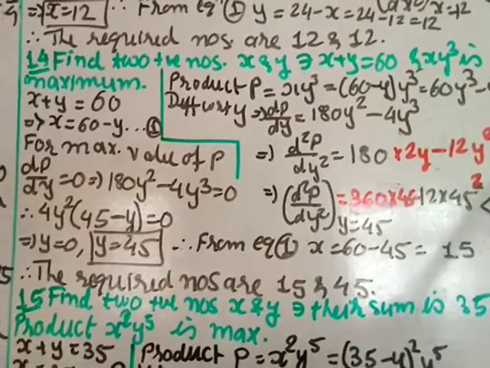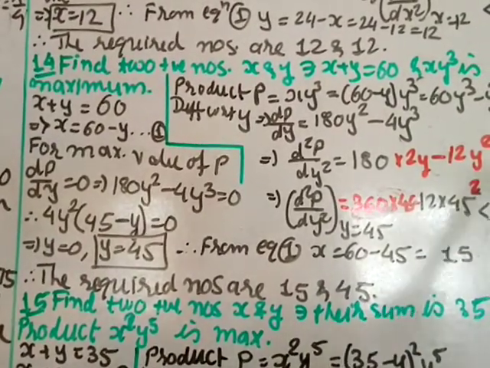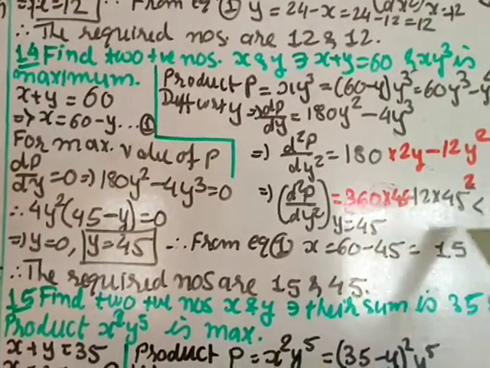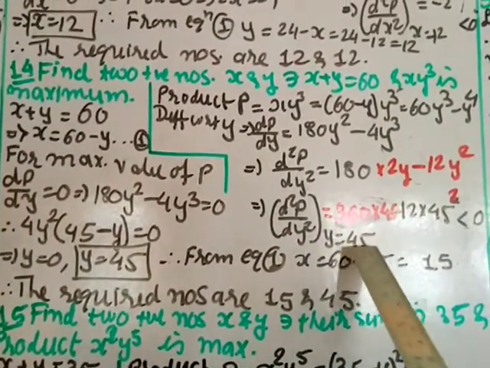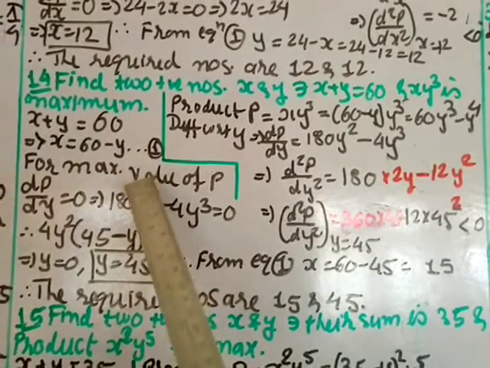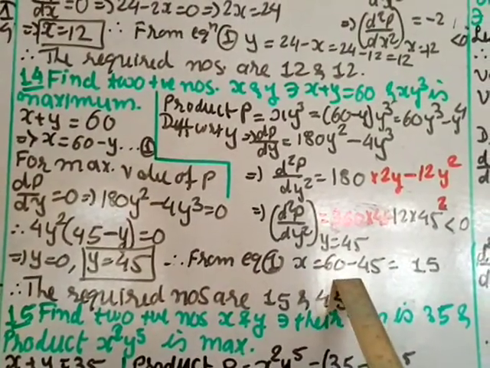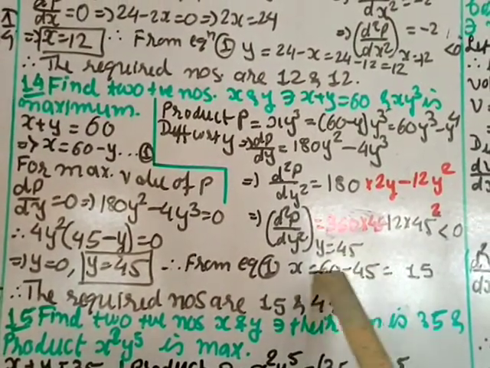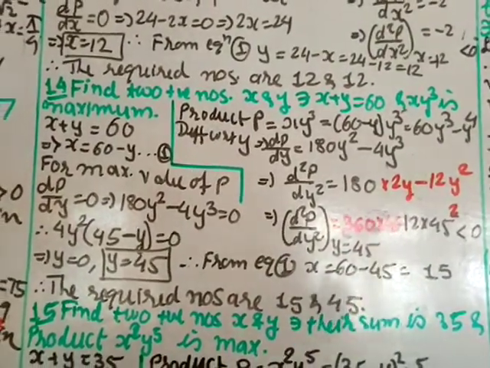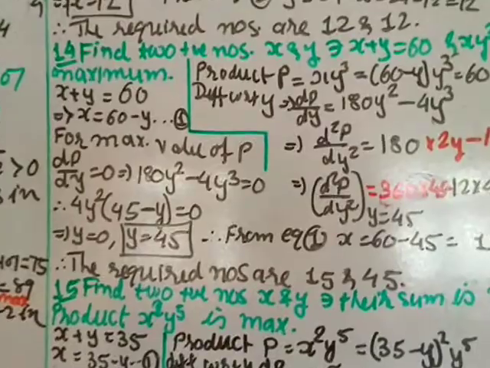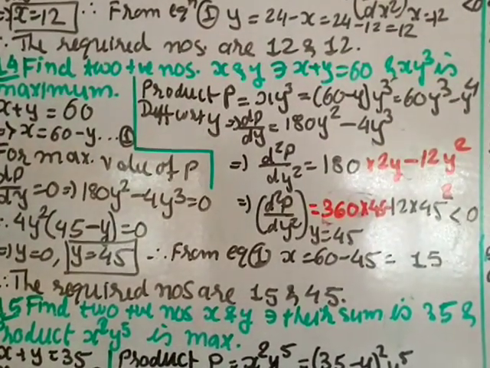It's not positive, so negative, that means it gives the maximum value, so y equal to 45 gives the maximum. Now we'll find the value of x from equation 1: x equals 60 minus y, y is 45, so you get 15. So the two required numbers are 15 and 45.